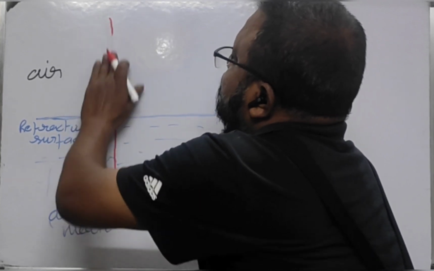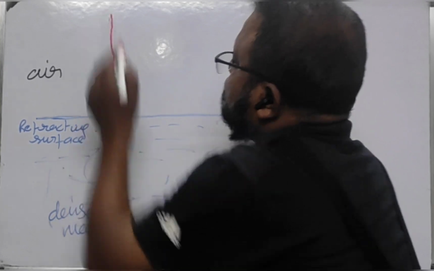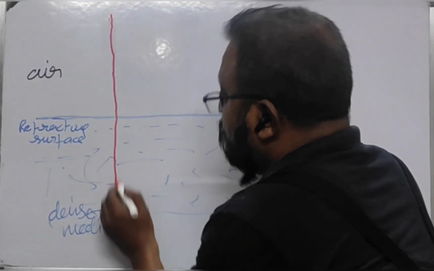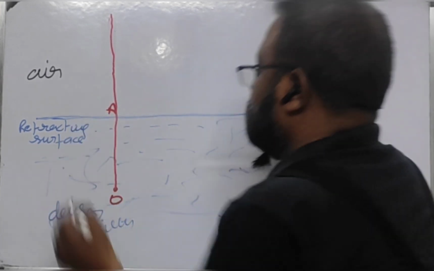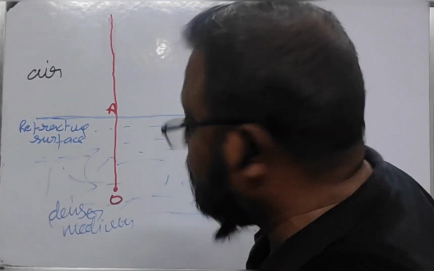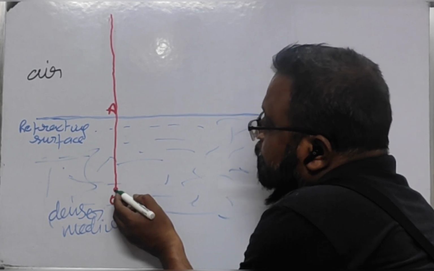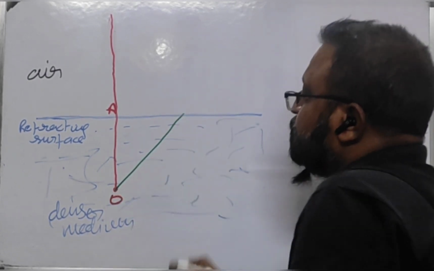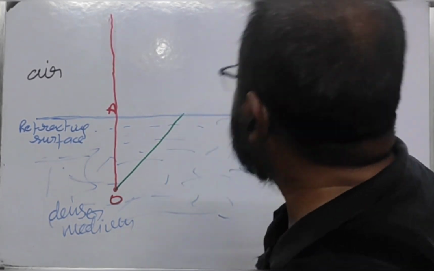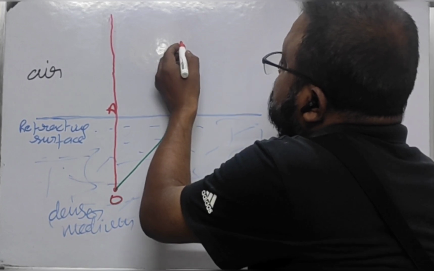This is O, this is A. When the light ray goes like this, there will be a normal again, passing through the point of incidence.